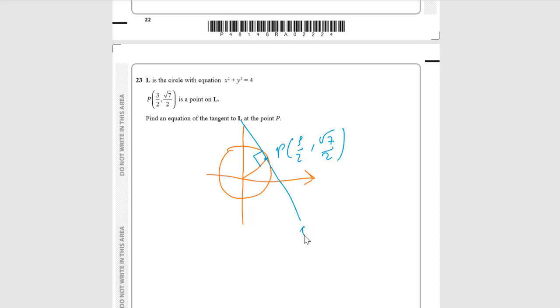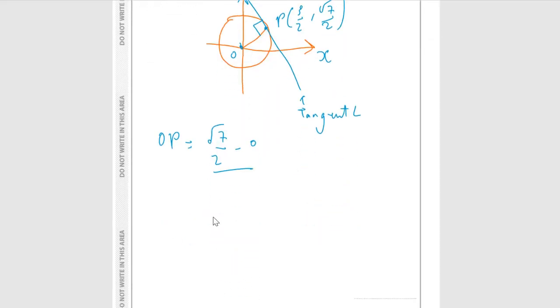So this is the tangent L. Just going to put x there, put y there. Right, so the first thing that we need to do is, this is from O to P, so this is our O, it is going to be square root of 7 over 2, take away 0, over 3 over 2, take away 0.